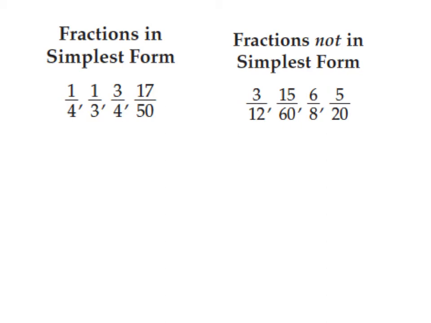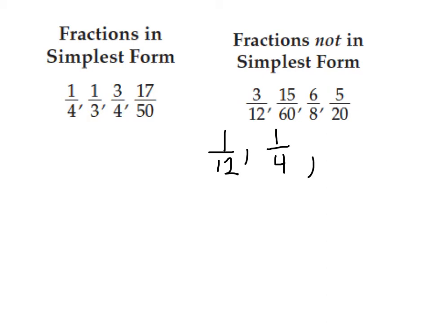We have 3 over 12, and we can notice that the GCF is 3, and that would make it 1 over 4. Then we can look at 15 over 60. We know that they both have a GCF of 15, and that would be 1 over 4.